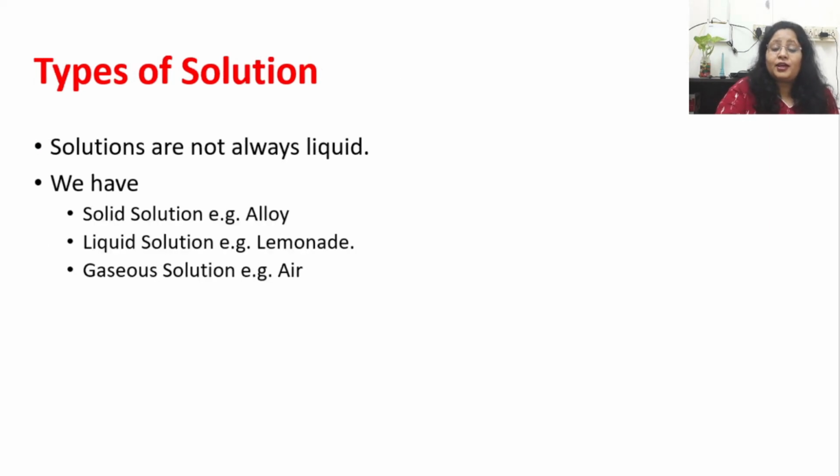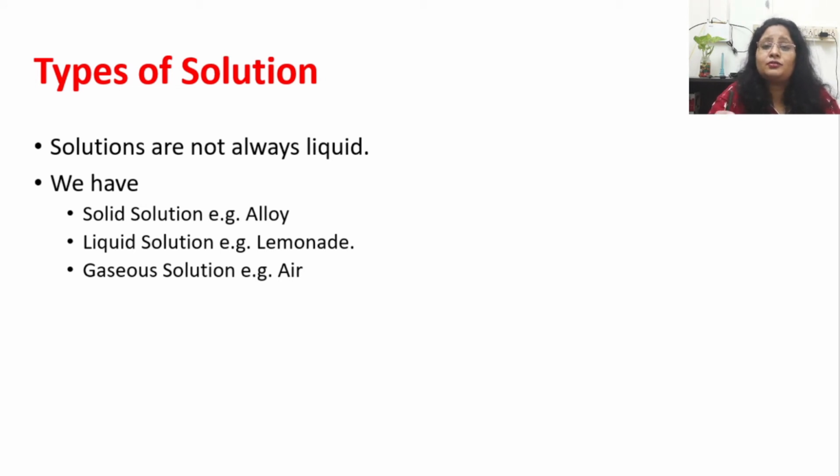Next, what I am going to explain to you is types of solution. When we hear the word solution, it simply comes to mind as some liquid thing. But do you know solutions are not always liquid? We have solid solutions, liquid solutions, and gaseous solutions.